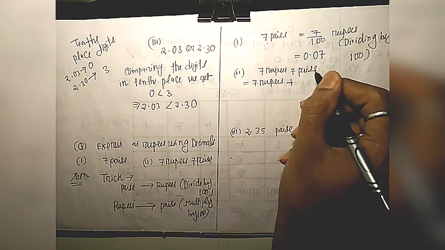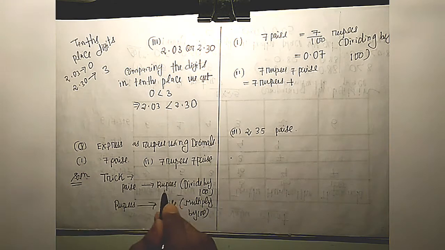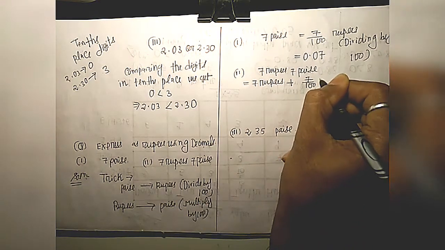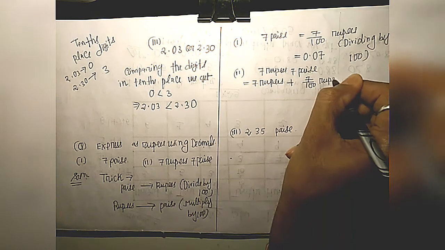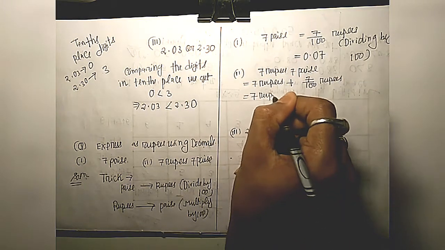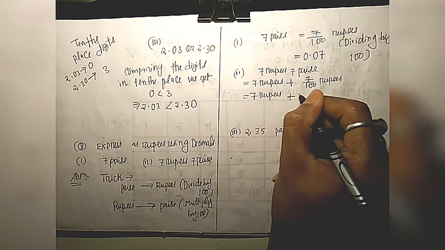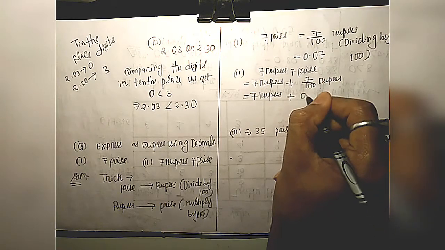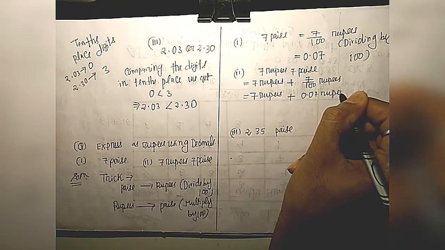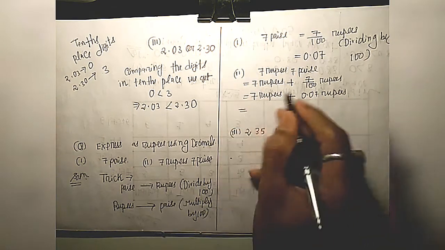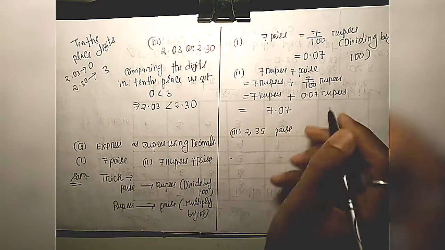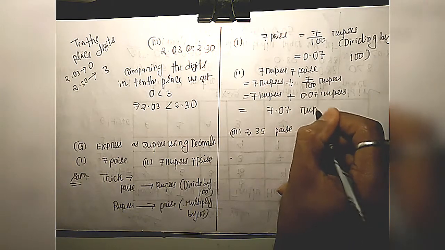Once again, paise to rupees, trick number 1, dividing by 100. 7 by 100 means 0.07 rupees. So 7 rupees plus 0.07 rupees means 7.07 rupees.